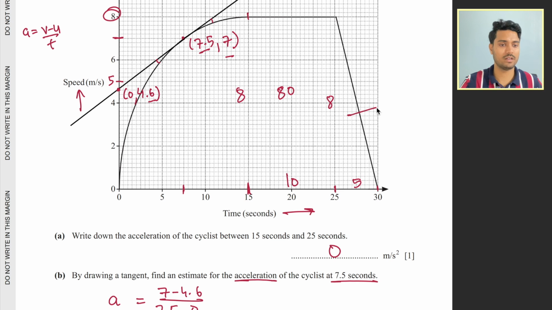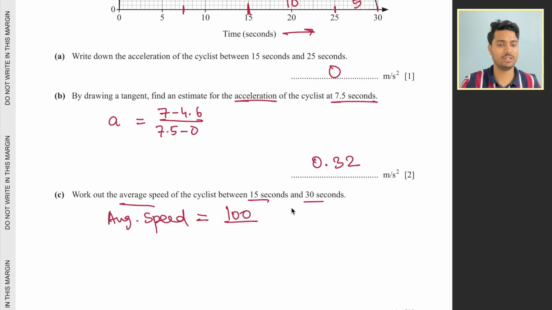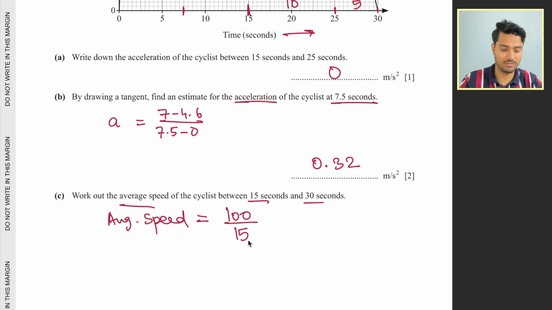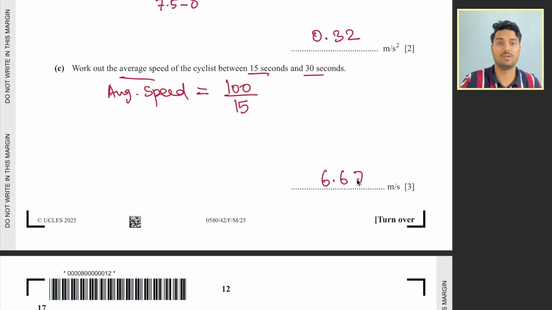So the area of this triangle is half into 5 into 8, so 20. So this is going to be 20, this is going to be 80. That's the total distance upon total time taken. Average speed is going to be total distance, that is 100, upon total time, which for 15 to 30 seconds is 15 seconds. So 100 divided by 15, which is 6.67 meter per second. That's the answer.